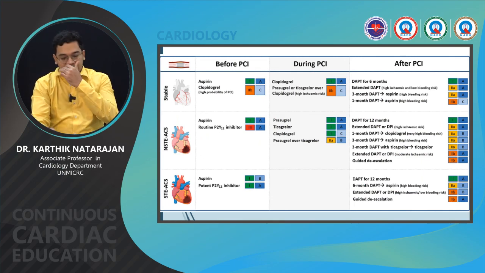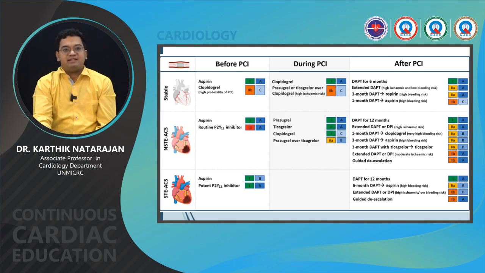Now, these are the European guidelines on how to use these antiplatelets before, during and after PCI. I'll make this very simple. Before PCI, when the patient comes to you with chronic coronary syndrome, you need to give the patient aspirin, which is a class 1 indication. Before PCI, there is no point in giving any other antiplatelet, especially if the patient has chronic coronary syndrome.